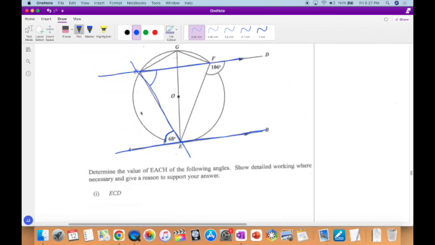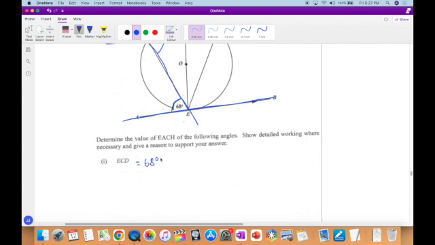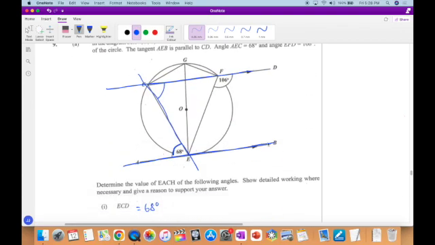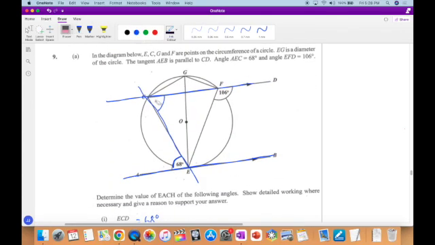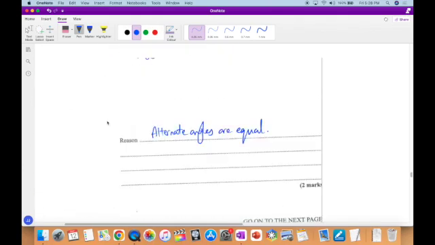So the angle ECD is 68 degrees. And the reason being that alternate angles are equal. So the parallel lines thing does come into play, right? Circle theory is not just about circle theory, remember that. All of your angle theories, right?